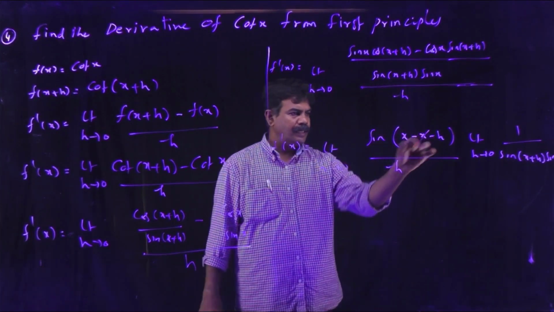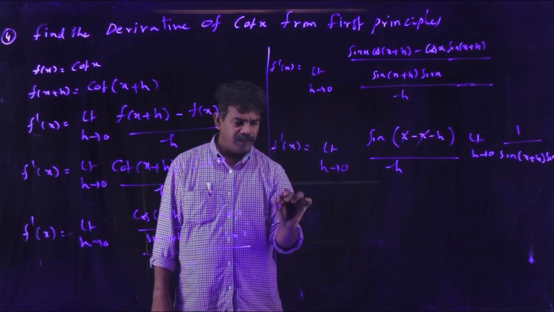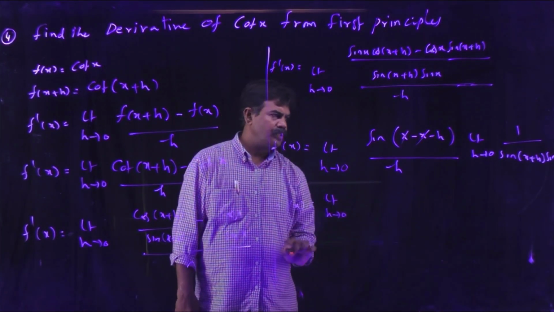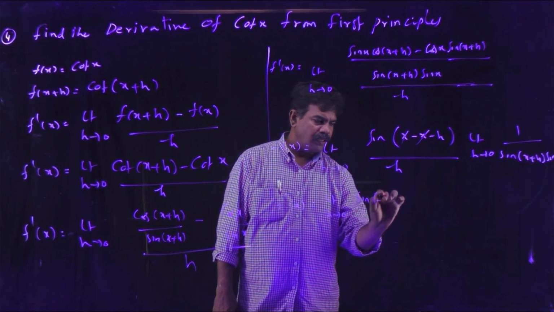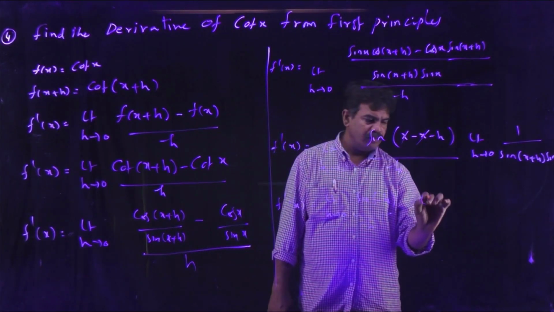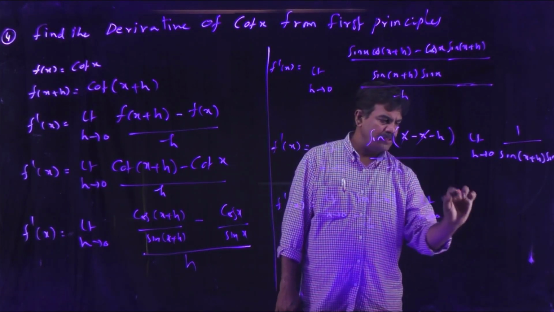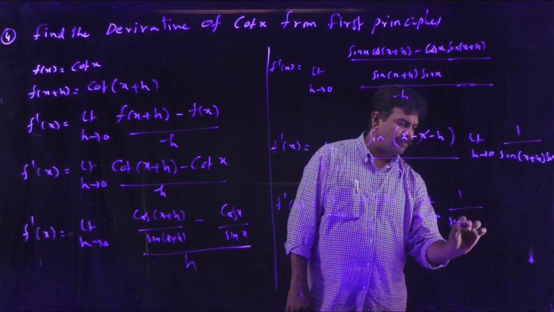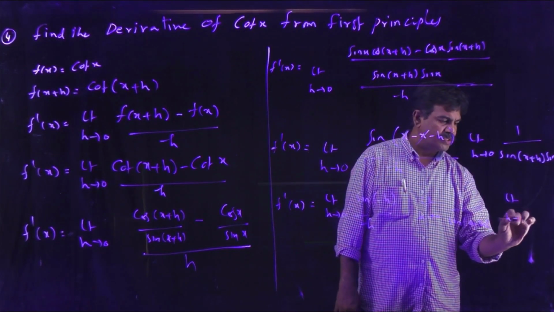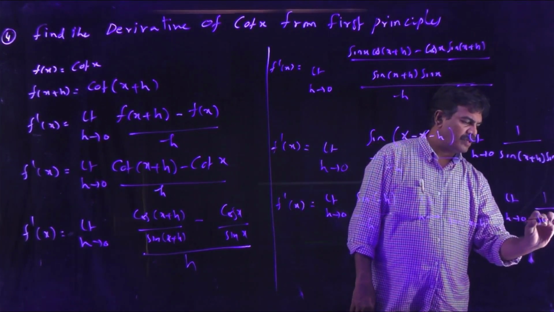So x cancel. F dash x is equal to limit h tends to 0 sin of minus h by h into limit h tends to 0 1 by sin of x plus h into limit h tends to 0 1 by sin x.